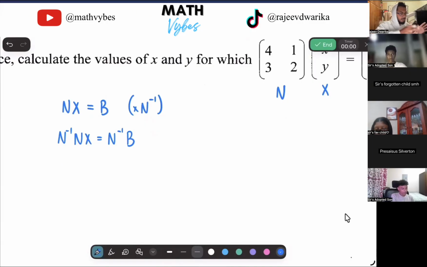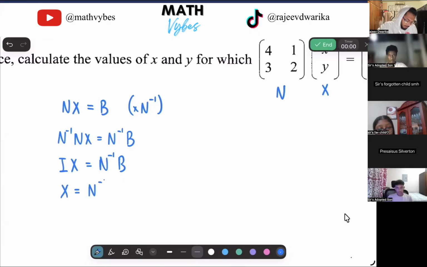Anytime I multiply the inverse by the original, what would it be? The identity. All right, so that's going to be Ix. And what is so special about I? When you multiply anything by it, you'll get the same thing. So I by x is x. So x is going to be equal to n inverse by b.